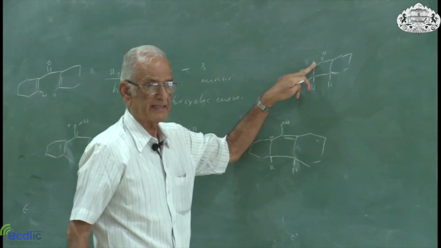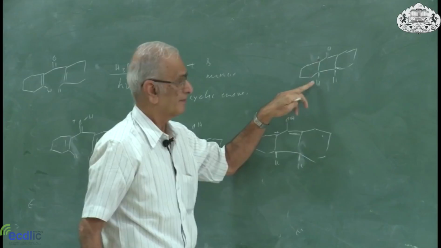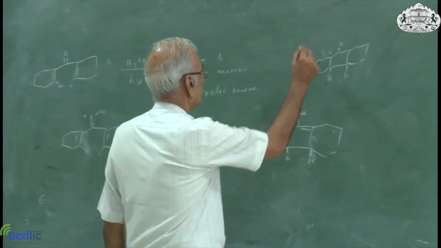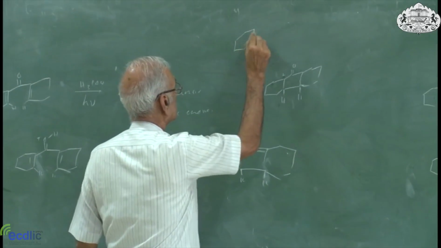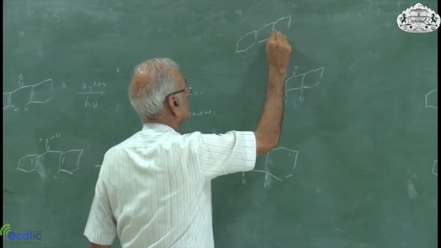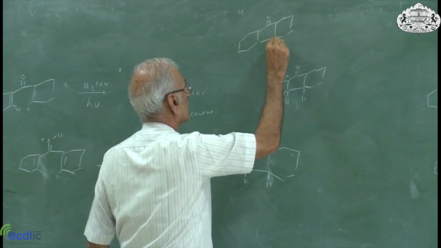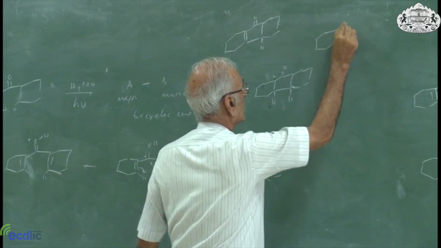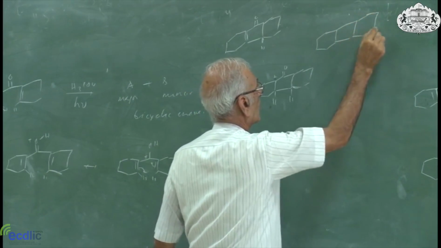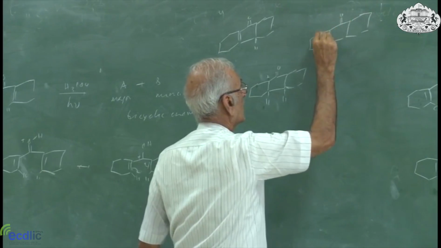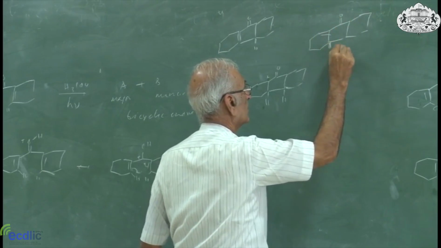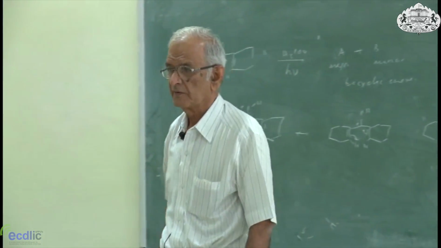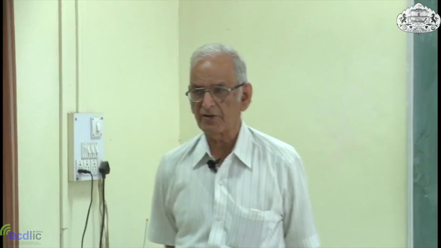I can stabilize this by losing this proton, or I can stabilize this by losing that proton. Which will be the major product, left hand side or right hand side?